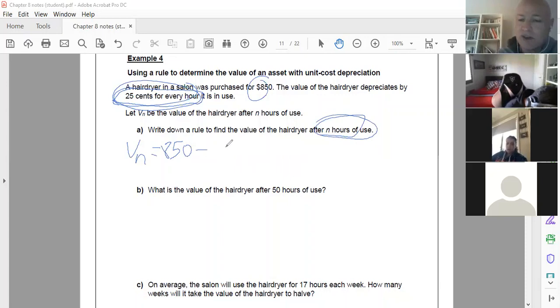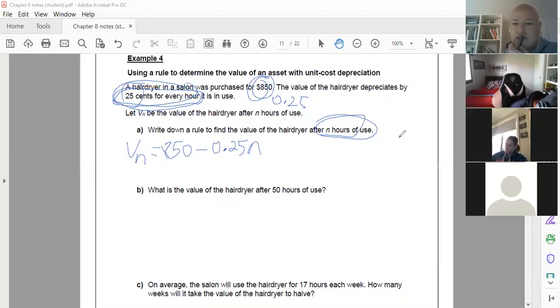So 25 cents, we've got to be careful here because 850 is in dollars. 25 cents, we have to write as dollars. So we're going to write it as $0.25. So 0.25 times N. Okay, any questions on that one? That's all good.